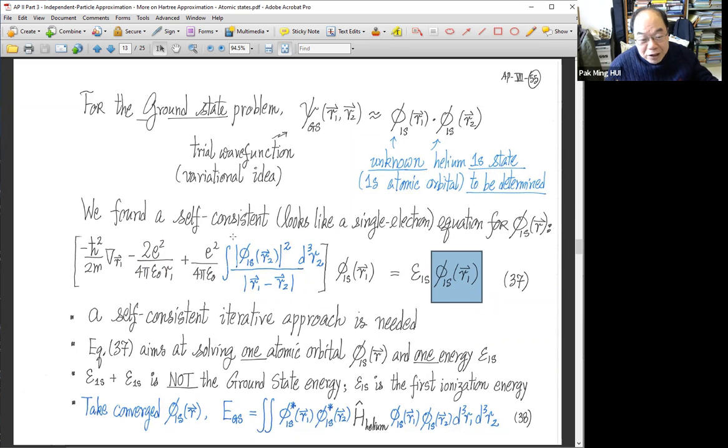So every time when I compare the output with the input, I adjust those 1 or 2 parameters until convergence is achieved. Okay, so that is one solution to the Hartree approximation. Then another guy steps in. I will use 18 parameters in my trial wave function. So we believe that that must be a better attempt.